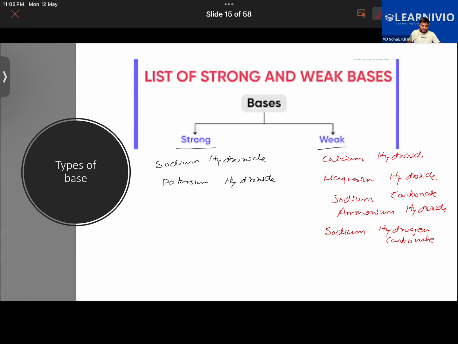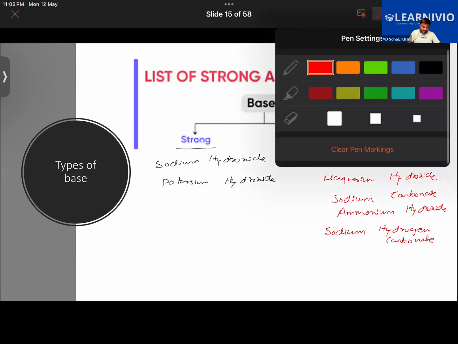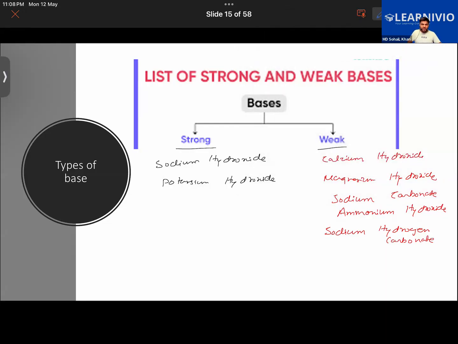Sodium hydroxide and potassium hydroxide are strong bases. Sodium hydroxide is commonly called caustic soda. Just like sodium hydrogen carbonate is called baking soda, it also has a common name.